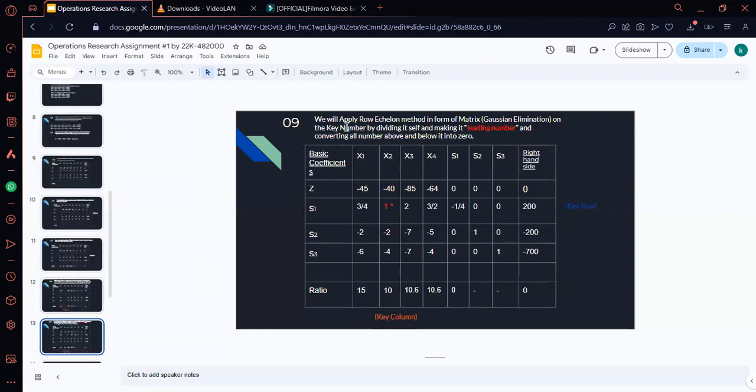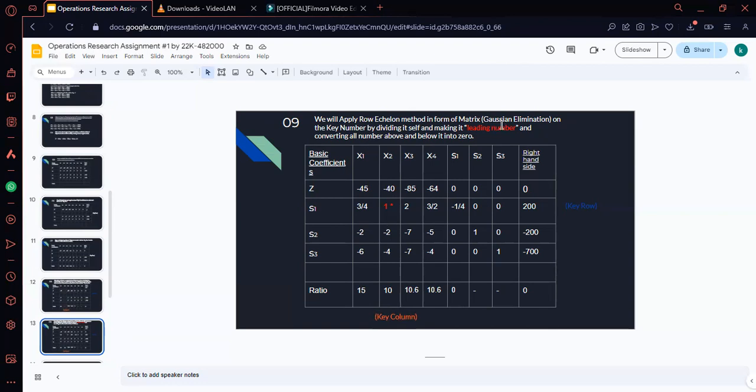As you can see over here, we have applied the row echelon method. The row echelon method is from the linear algebra course, chapter matrices, in which we perform Gaussian elimination. In Gaussian elimination, the matrix has a leading 1 as the starting variable, and all of the variables above and below the leading 1 will all be 0.